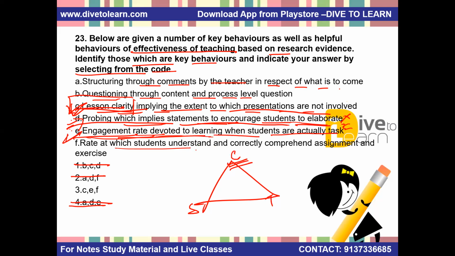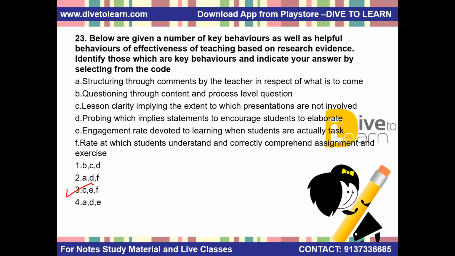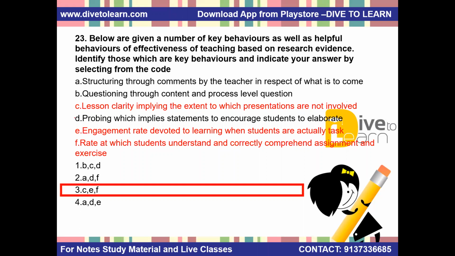Rate at which students understand and correctly comprehend assignments. So this is also one of the effective teaching. So that makes us answer C, E and F. Lesson clarity, engagement rate, and rate at which students understand and correctly comprehend assignments and exercises.